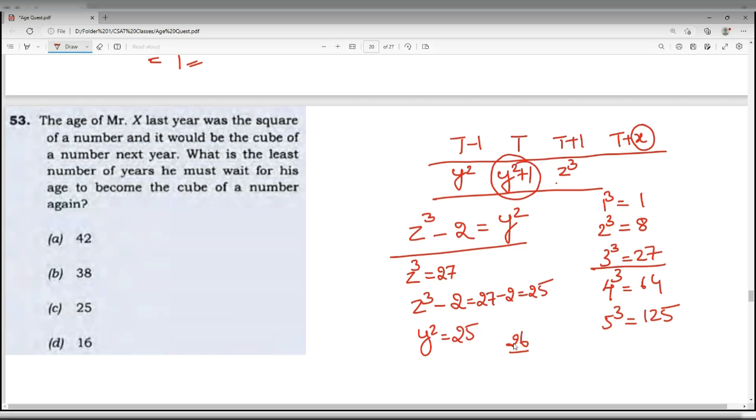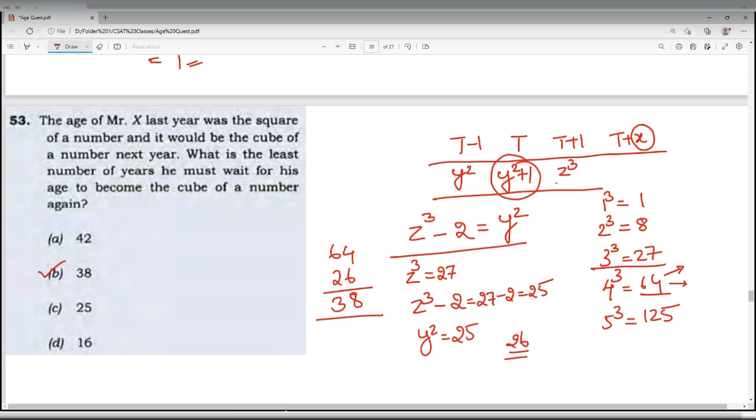His age is 26, so if he has to become 64, he has to wait 38 years. So B is the correct answer.